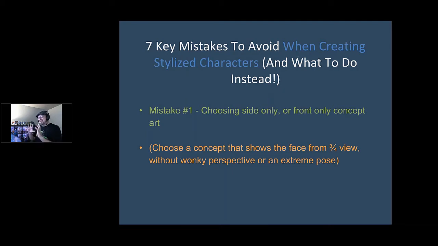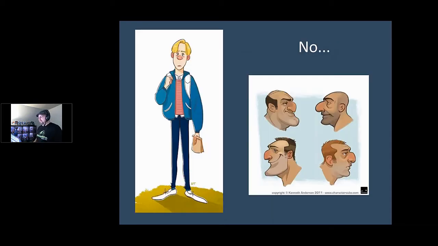So you want as much information in that concept as possible. That's even why sometimes I would rather have line art from the concept artist rather than a nicely painted concept, because to me there's more information there that I can build the character from. So when you're very first starting out, always choose concepts from 3/4 view.